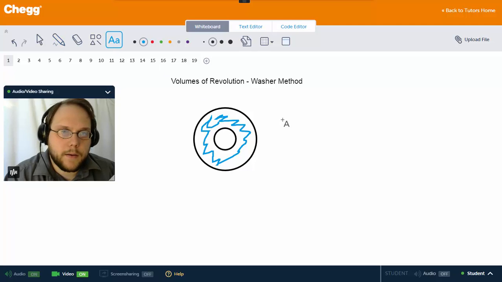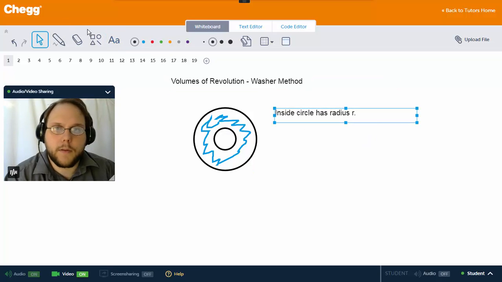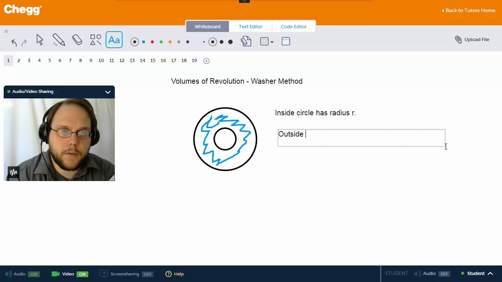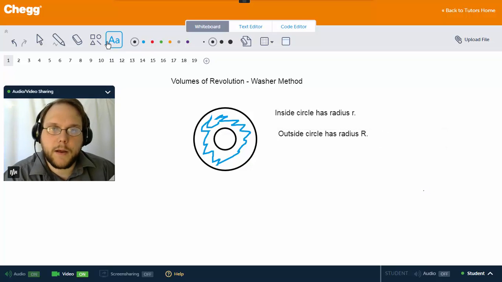Now, if the inside circle has radius little r, and the outside circle has radius capital R, so I'm just choosing letters to label things, then what's the area of the washer?